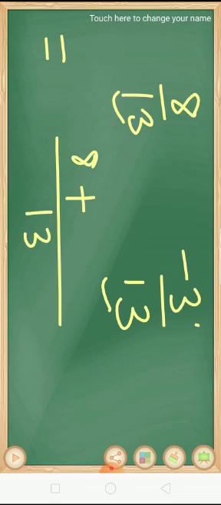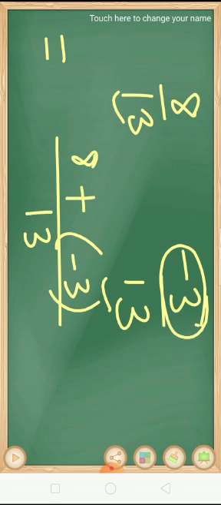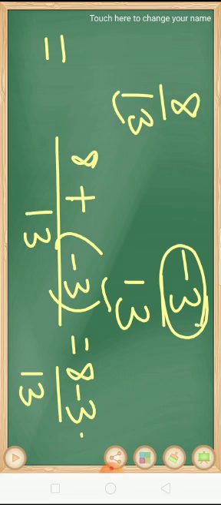The denominator is the same already. We will simply write the denominator 13. Now I have to add the terms present in the numerator. So 8 plus, but the second term is minus 3, so I'll write it like this. Now the rule: plus minus is minus, so 8 minus 3 upon 13. 8 minus 3 is 5, so you will get 5 upon 13.